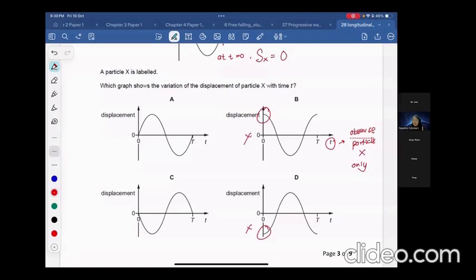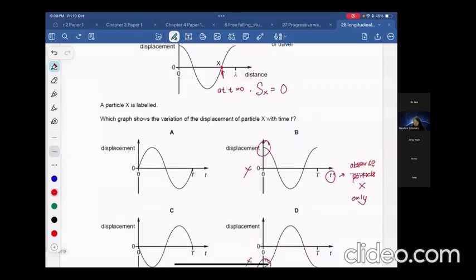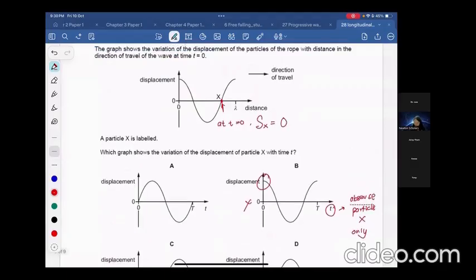Okay, then after that, I'm going to observe. After the time, that means I have to draw my pattern, something like this, slightly after a certain period.